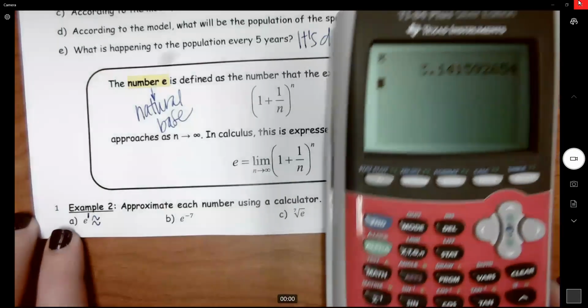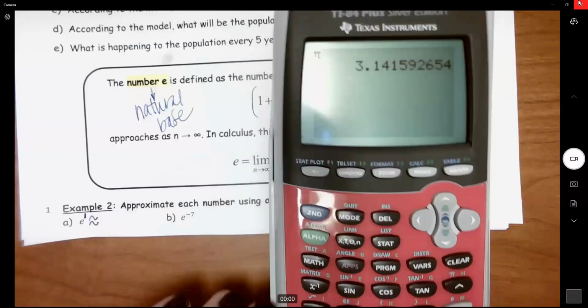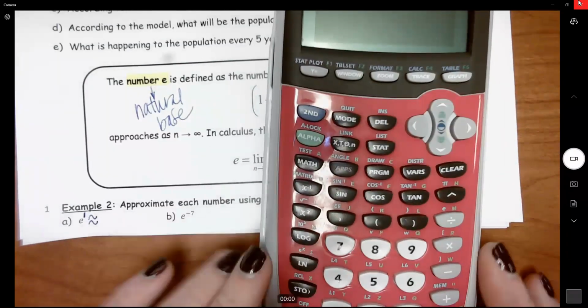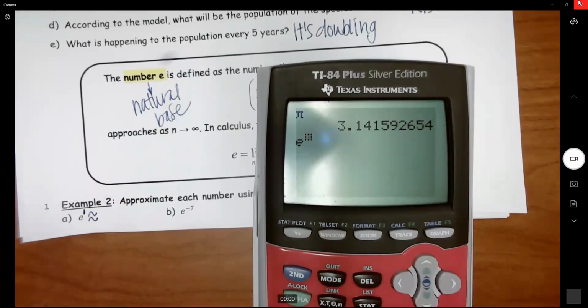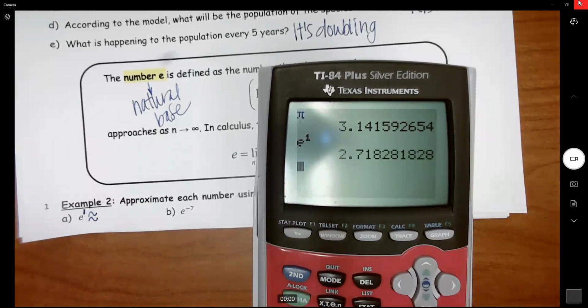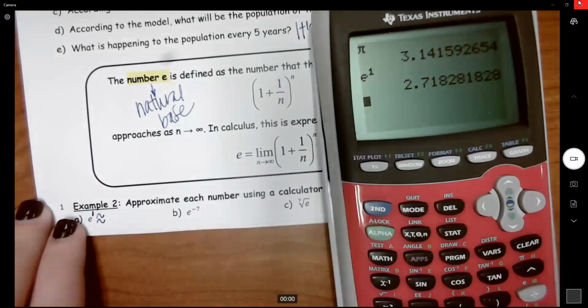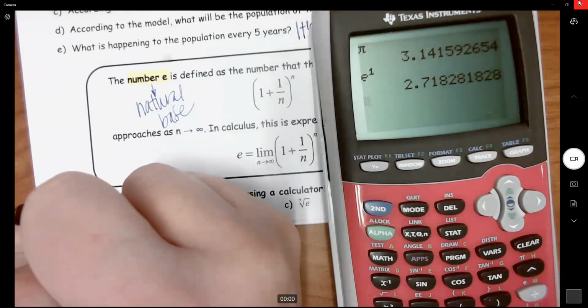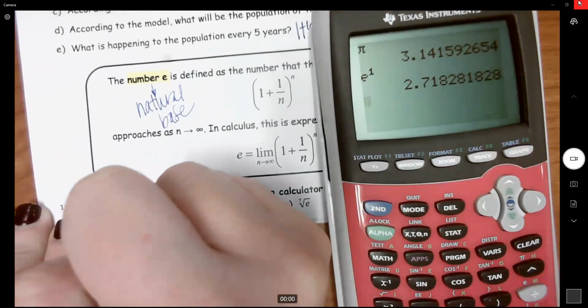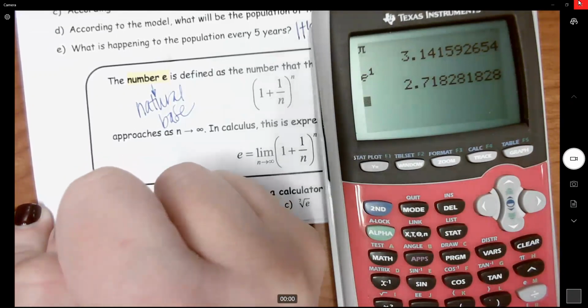So what is e about? Let's go second ln, and then you get e, and because it's just e, that means it's e to the first. And so here is e. We're rounding to 4 decimal places, so this is about 2.7183.